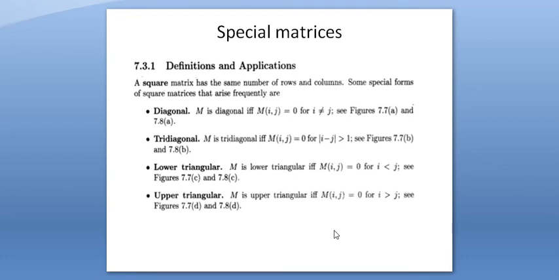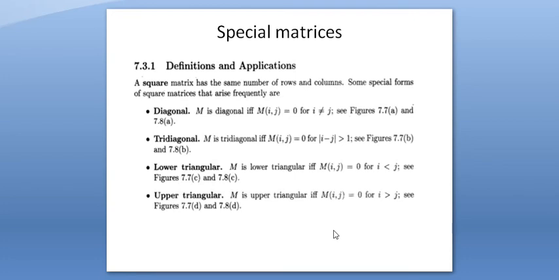It will be non-zero. Similarly, if we take the value of i as 2 and j as 3, we are referring to M 2 3, the second row third column element. We have a value there, and that indeed is an element belonging to the tridiagonal matrix.